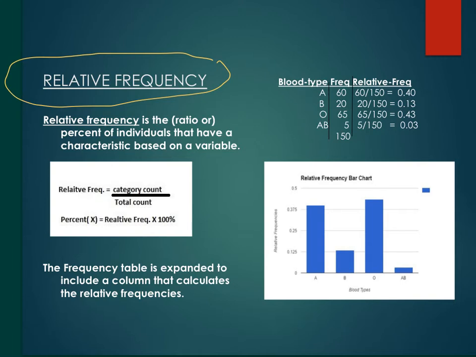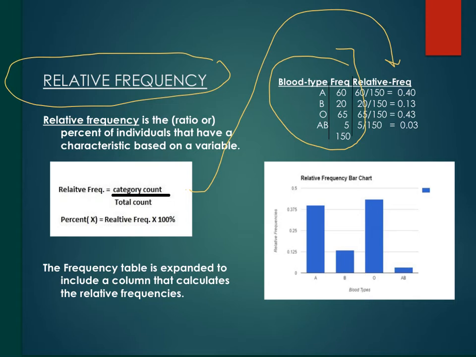So, for example, in our calculations of the previous table, which included blood type and the frequency, we now can create another column called relative frequency. And in that particular case, it is just the category count divided by the total count.